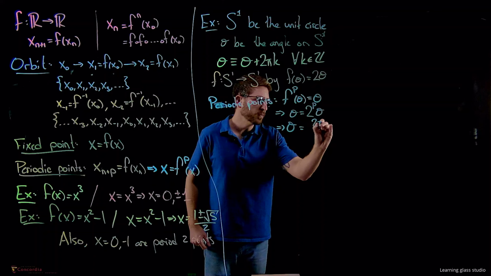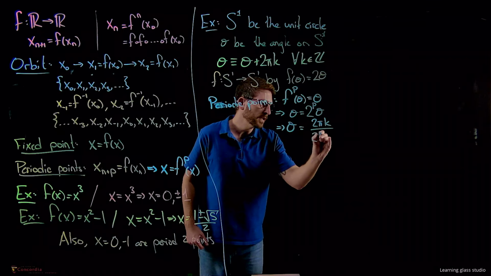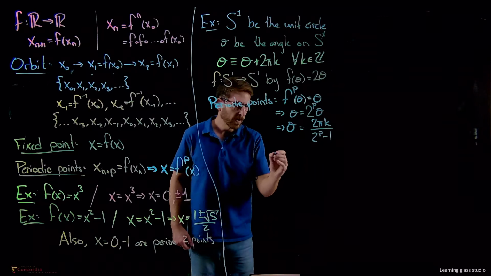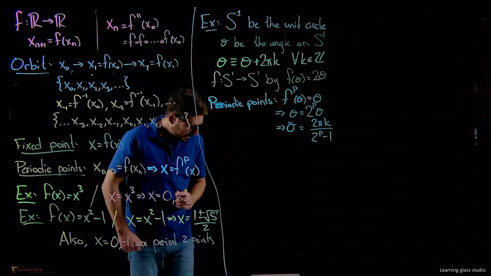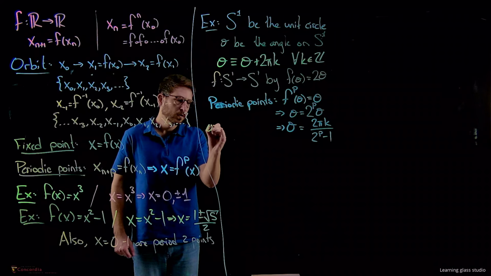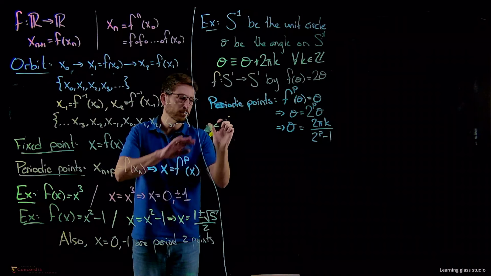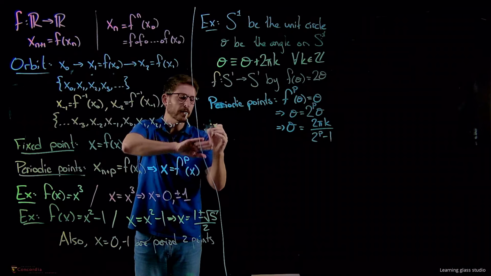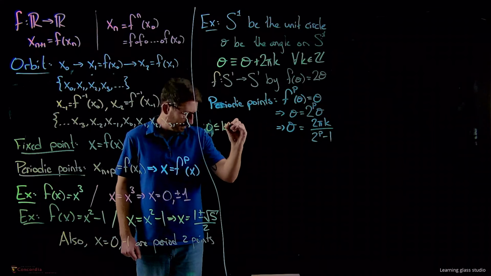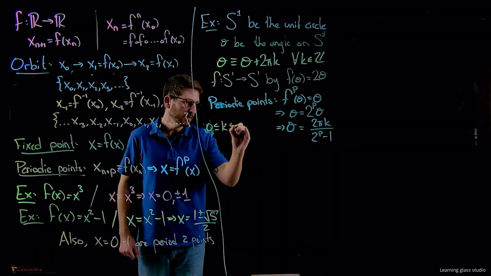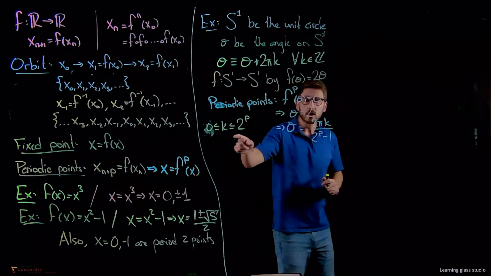It's going to be 2 pi k divided by 2 to the p minus 1, where I'll write off to the side that 0 is less than k, less than 2 to the p, pardon me, because 0 will give me just the 0 point. Actually, yeah, we can use 0. That tells you a lot of information.